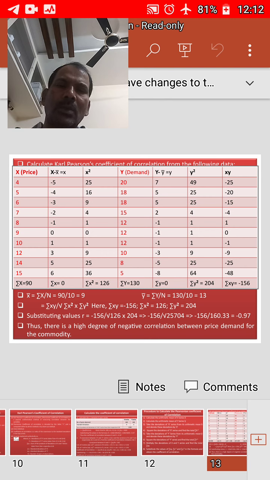If you summate all these, you will get sigma xy is equal to minus 156.